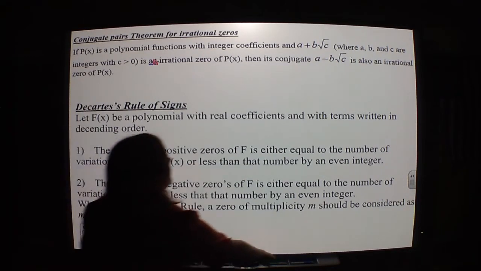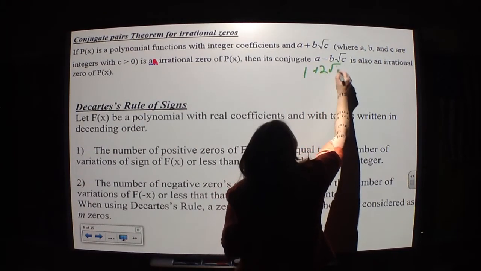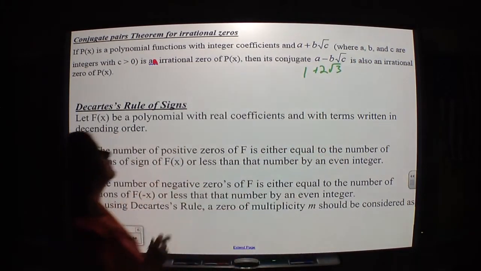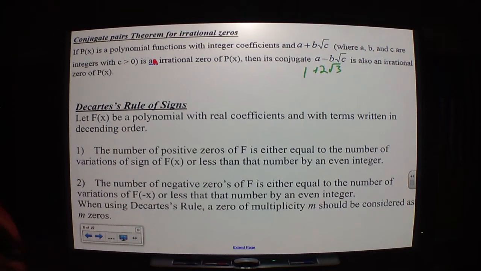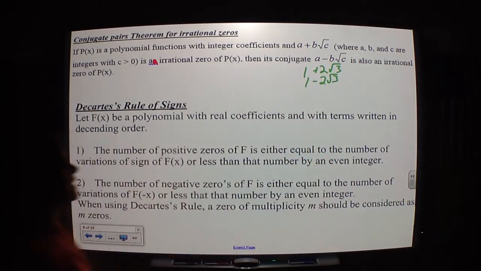Okay? So if 1 plus 2 square root of 3 is a root, then 1 minus 2 square root of 3, which is its conjugate, is also a root, or a 0.